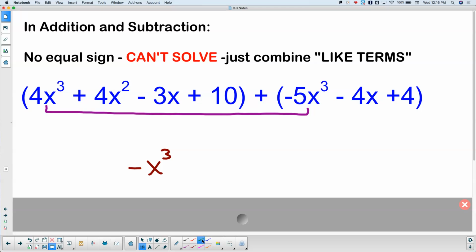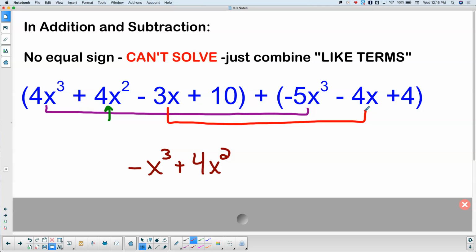Then I look at this term. Is there another x squared term in the problem? No. So then that would just become plus 4x squared. Then I look at x, and those two can be combined.